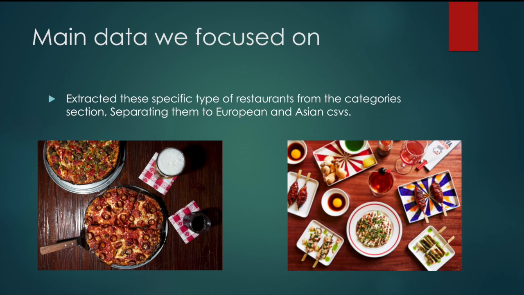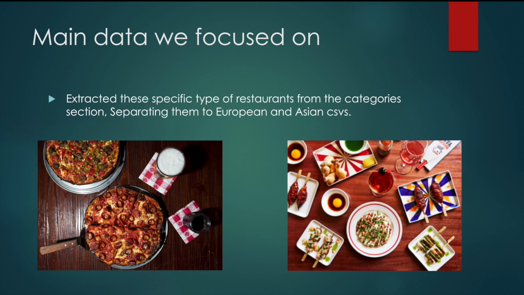Another issue that we had to account for was that some restaurants did not list themselves as Asian or European or any other type of ethnic cuisine in the categories. So our resulting modeling analysis may have missed out on those Asian and European restaurants because we weren't able to find them within the data set.